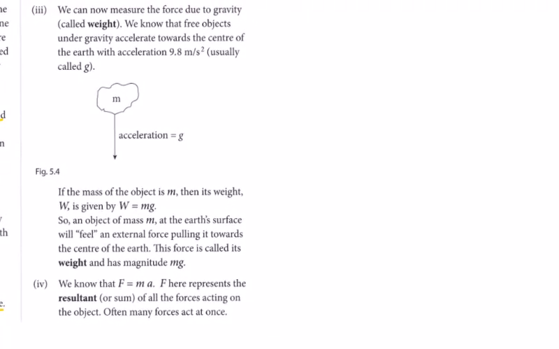We know that free objects fall under gravity towards the center of the earth. With this, my g is equal to 9.8 ms to the minus 2. So we have this mass here of m, falling with acceleration of g.